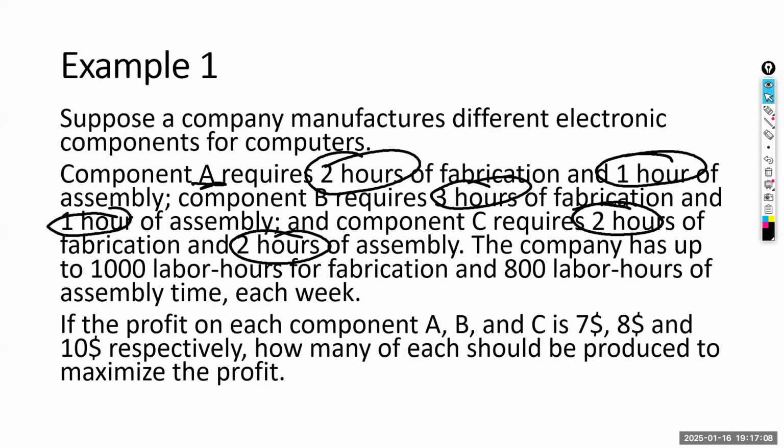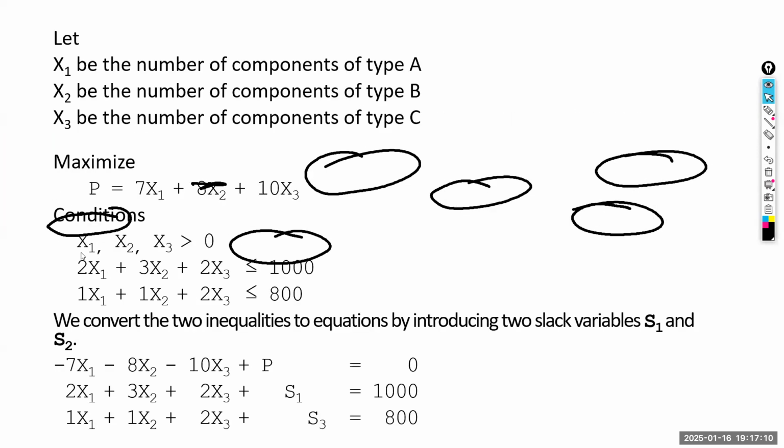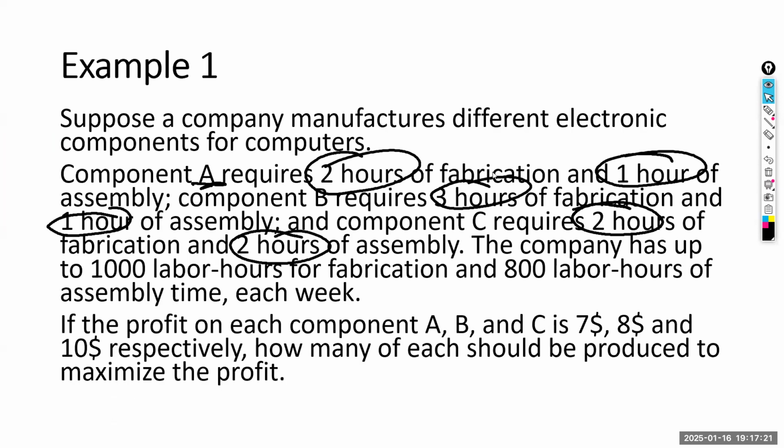Now, if you build x1, x2, x3 number of product A, product B, product C, then the fabrication time is x1 into 2, because you would build x1 number of A, and you need 2 hours of fabrication each.